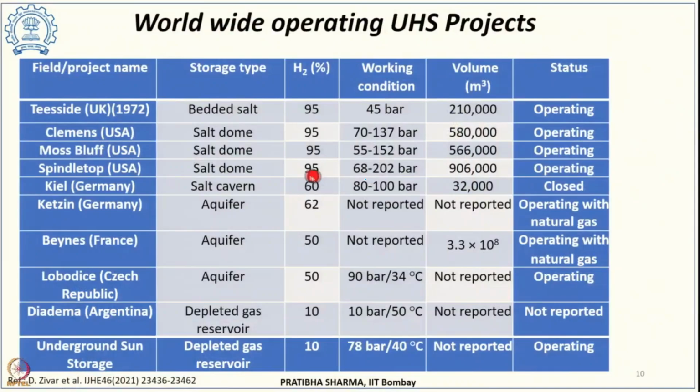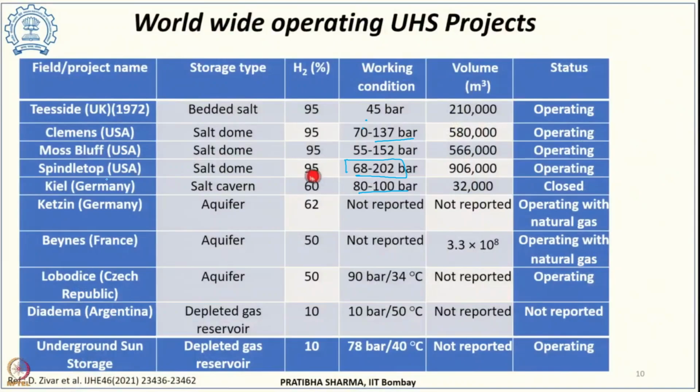This is a worldwide underground hydrogen storage project list you can follow. You can see the working conditions, the pressure of each site: 45 bar, 70 to 137 bar. The highest pressure they have attained is 68 to 200 bar.